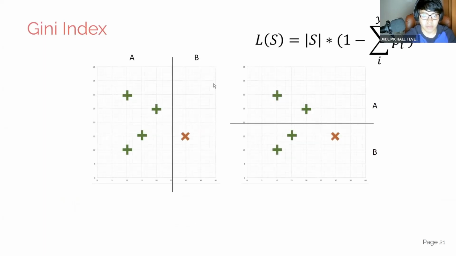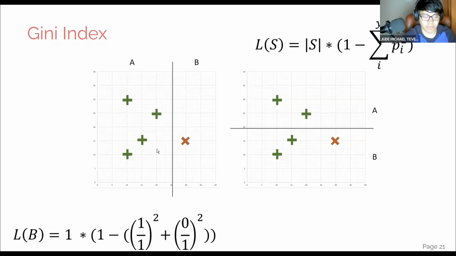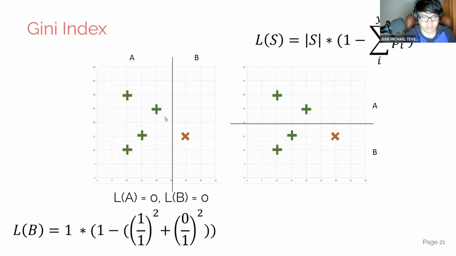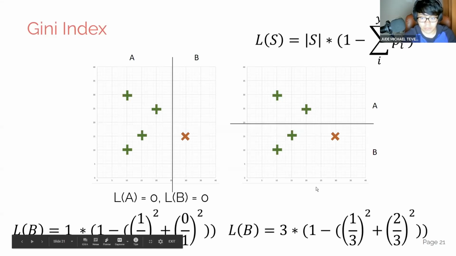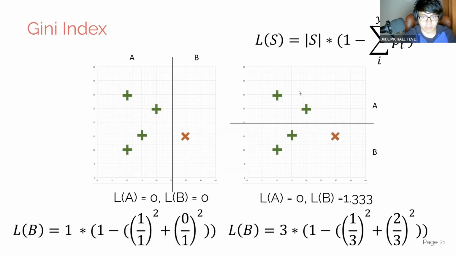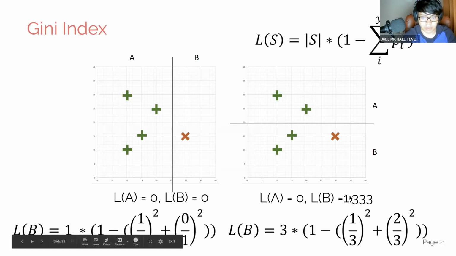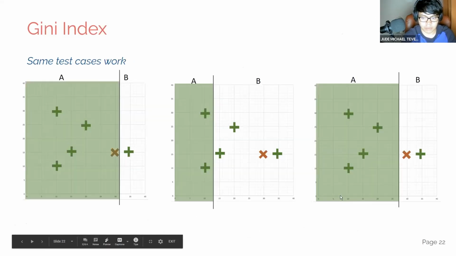So for example, we use the same splitting that we have used before. The loss for A here is going to be 0 because it's homogeneous, same stuff. For the graph on the right, we'll get the following loss. Of course, it's going to be 0 for set A, but for set B, it's going to be 1.333. Why? Because 3 times 1 minus (1/3 squared plus 2/3 squared), you're going to get that.